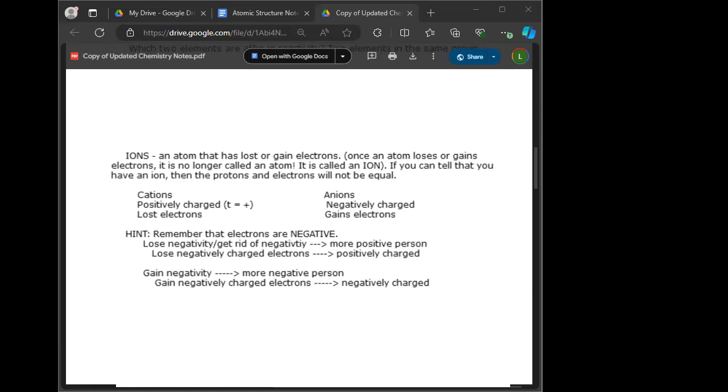That's very important. For example, if the question is asking you to find the number of electrons for an ion, you're going to need to know that it's not automatically going to be the same number anymore.